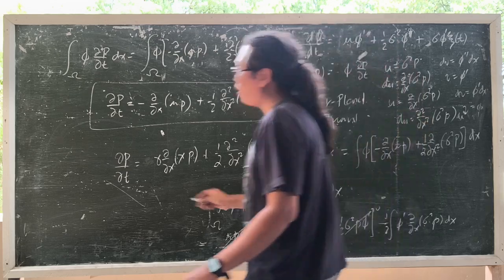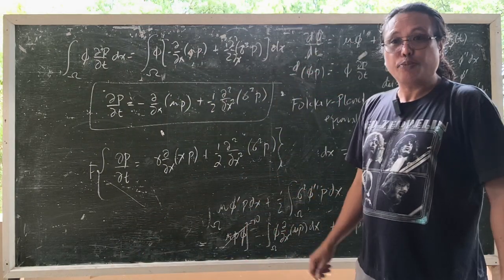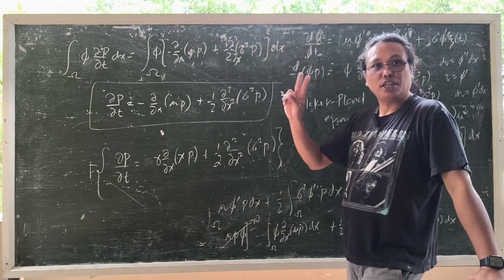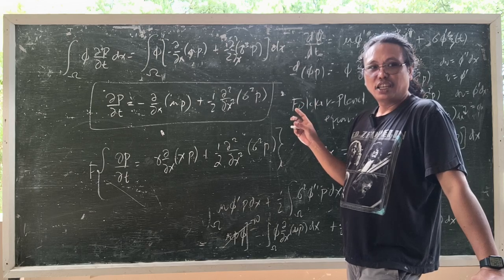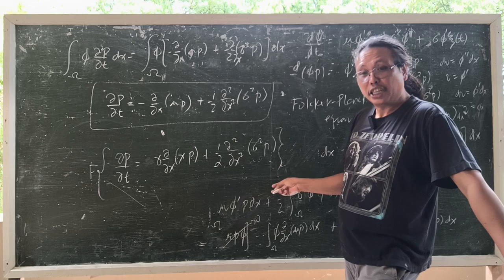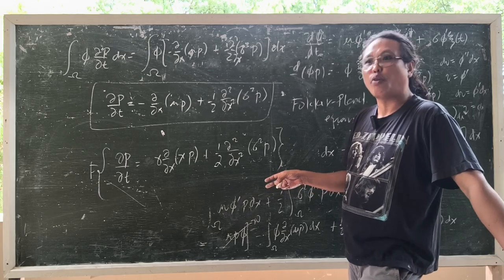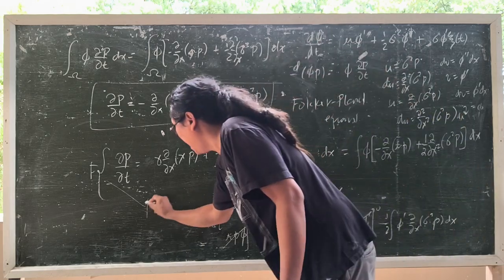Now, how to solve this one? Apply Fourier transform. The Fourier transform will reduce it to an ordinary differential equation in t and in k. When you solve this with the Fourier transform, get the characteristic equations, and you automatically get the P hat.